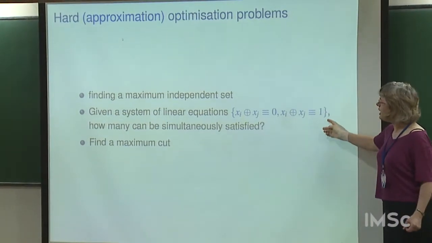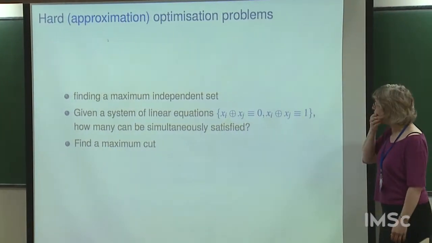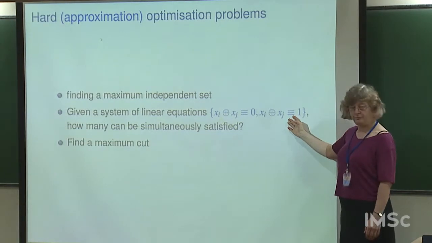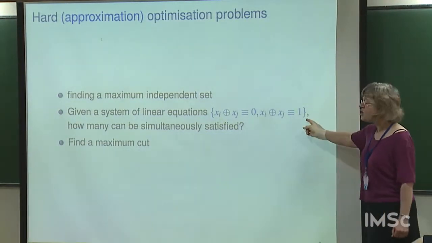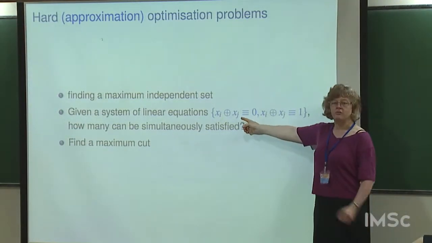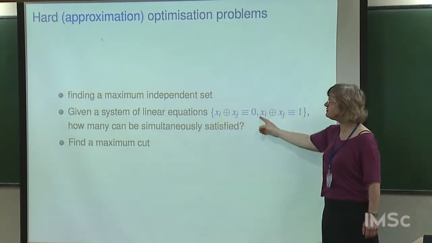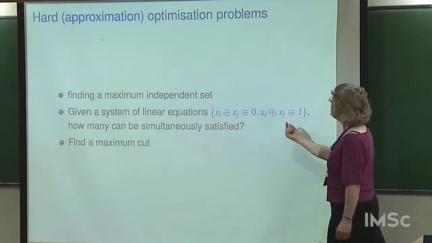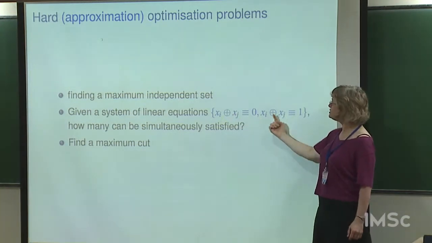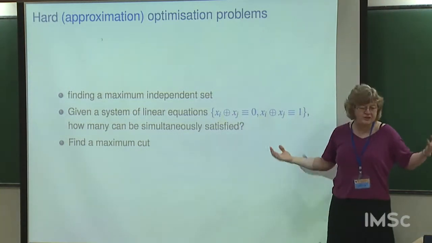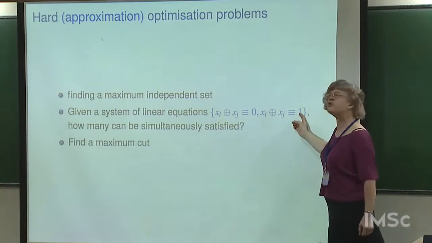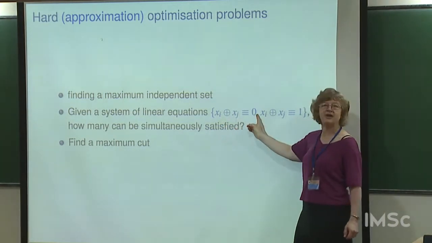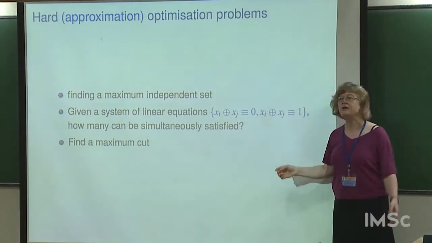The one that you might not have seen recently, which we're going to rely on, is a setup where you have a system of linear equations over GF2. So the input's just going to be a bunch of variables, x1, x2, and so on, and a bunch of equations, xi plus xj is equal to 0 or 1.